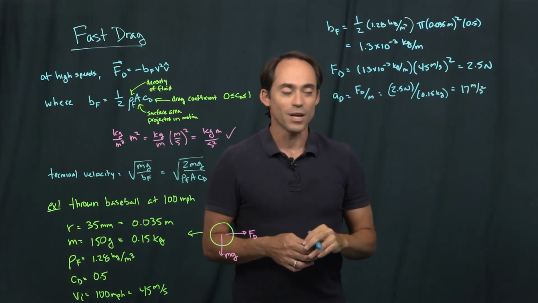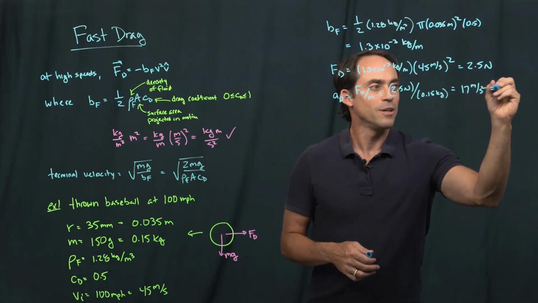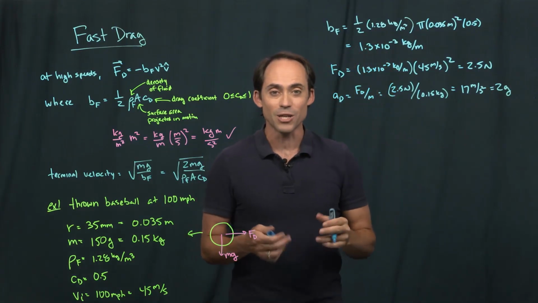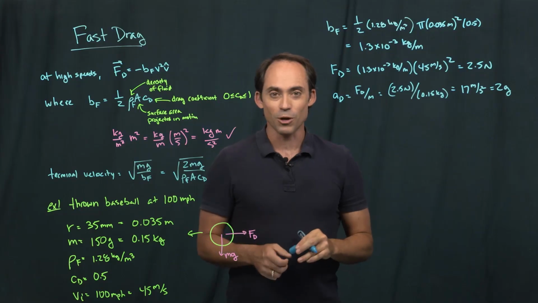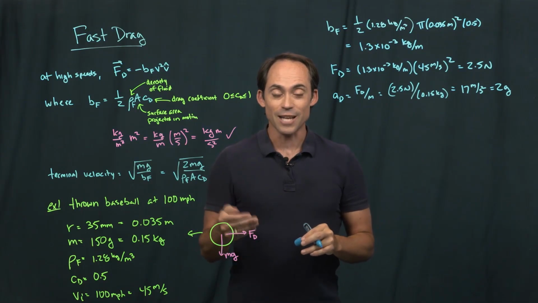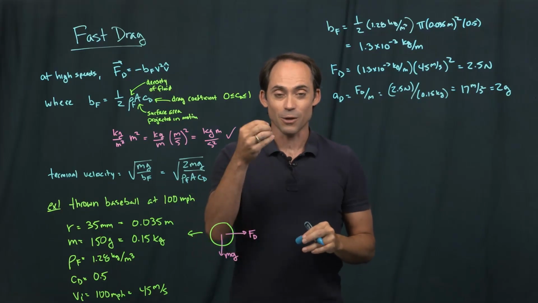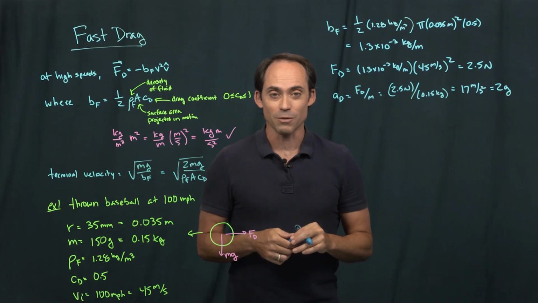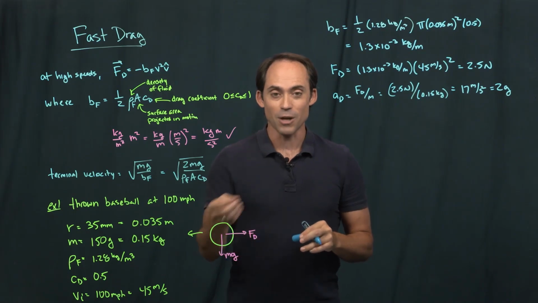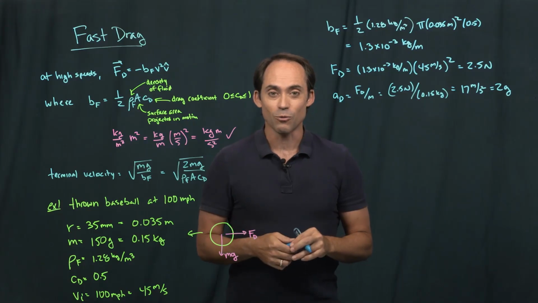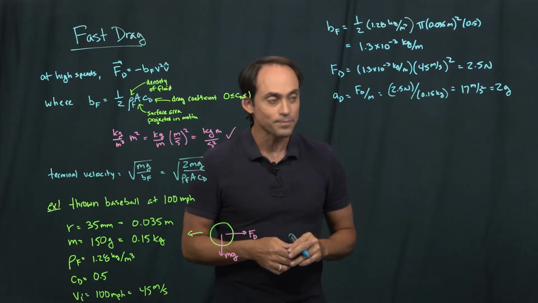And if you think about that, that's equal to 2 times our gravitational acceleration. So the drag force, as this thing is being released, has an acceleration that's twice that of the acceleration that's pulling it downwards. The drag force is clearly important in the motion of the baseball because it's actually a much larger acceleration and a much larger force than the weight force that's pulling the baseball down.